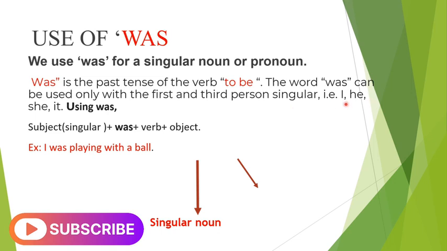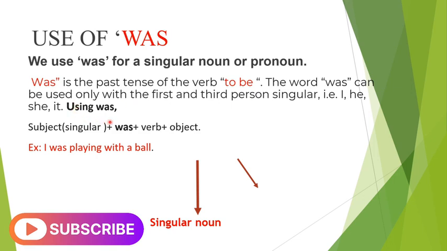Like I, which is your first person singular. He, she, it. He, she and it are your third person singular. And with this you use was, like I was, he was, she was, or it was.